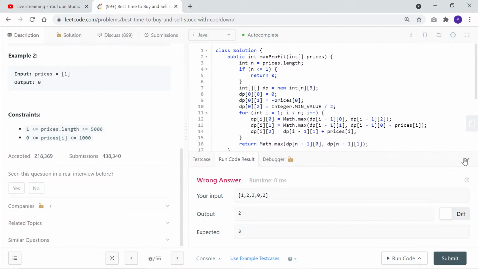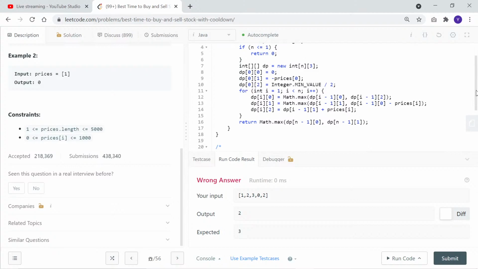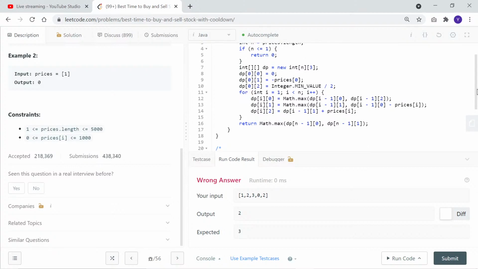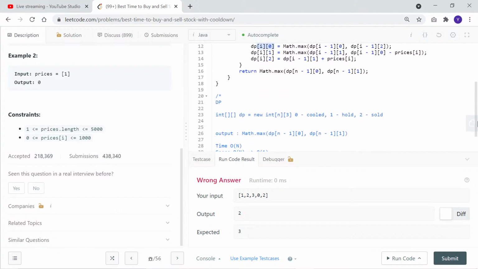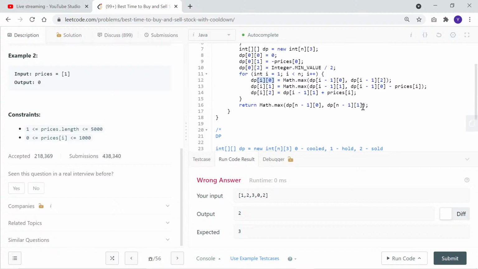Okay, so there's still some error. Let's check. When the state is 0, cooled, the previous one can be cooled.